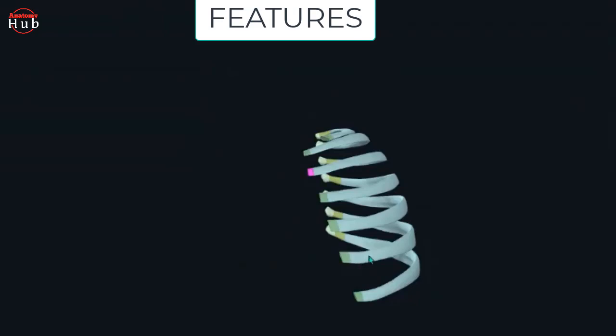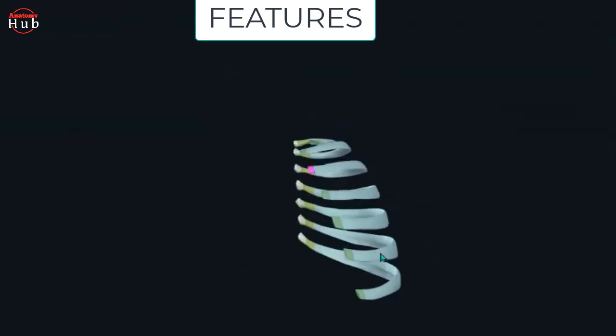Because of this, the 11th and 12th ribs are called the floating ribs.